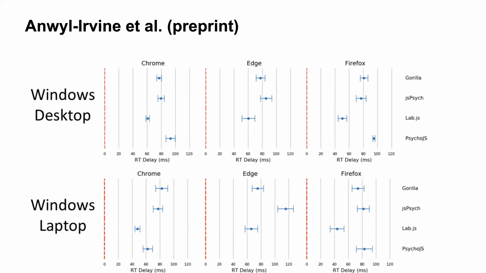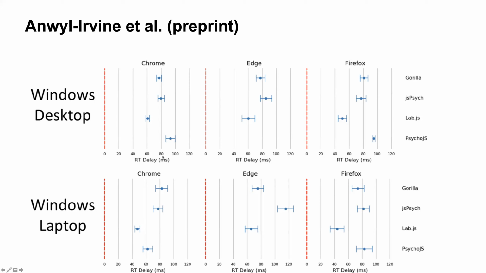And also visual delay: when you present a stimulus for a certain amount of time, so 100 milliseconds or 200 milliseconds, what's the lag of when that stimulus is actually presented on the screen and registers? They looked at different browsers, different operating systems, as well as different platforms. We talked about Gorilla today.